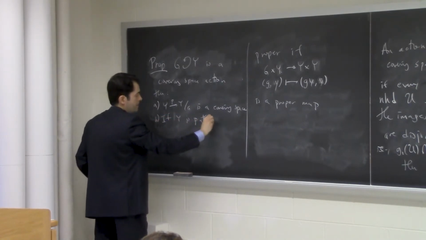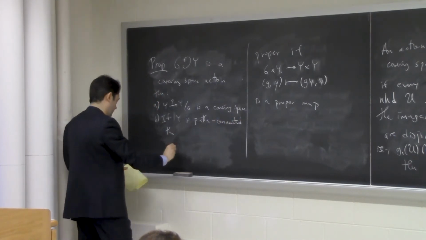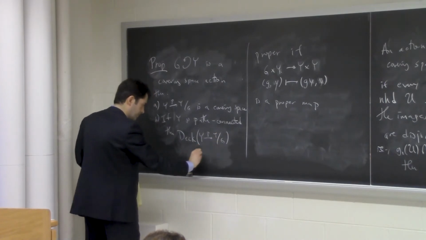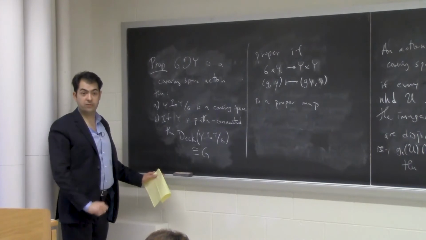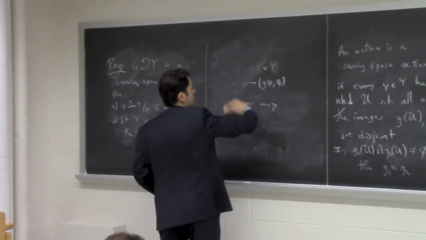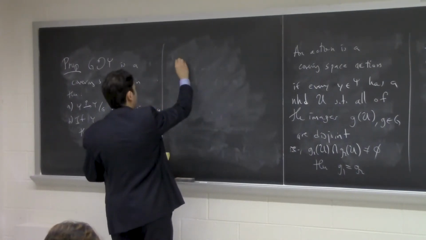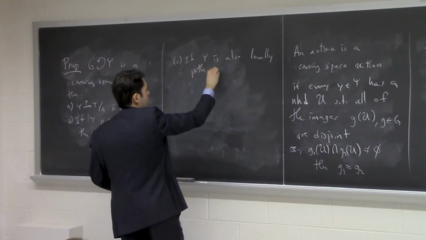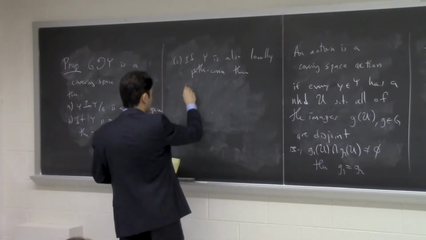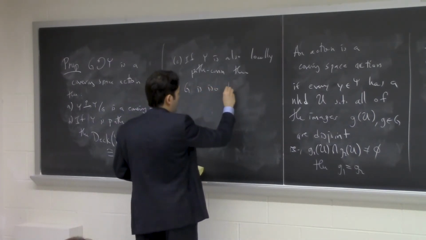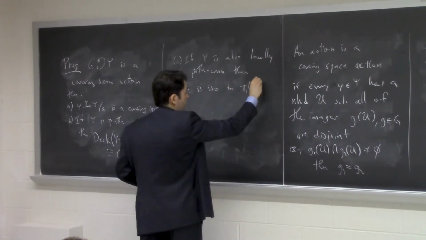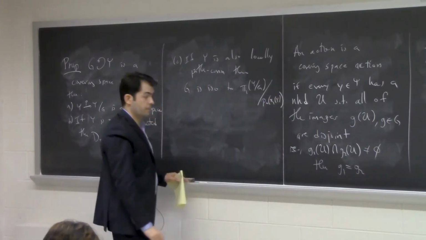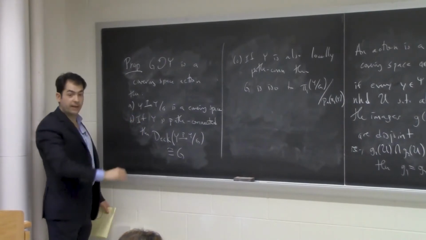If Y is path connected, then the deck transformations coincide with G, with the action of G. And if Y is also locally path connected, then G is isomorphic to the fundamental group of the quotient mod out by the image of the fundamental group of Y. This, of course, follows from part A and what we did last time.